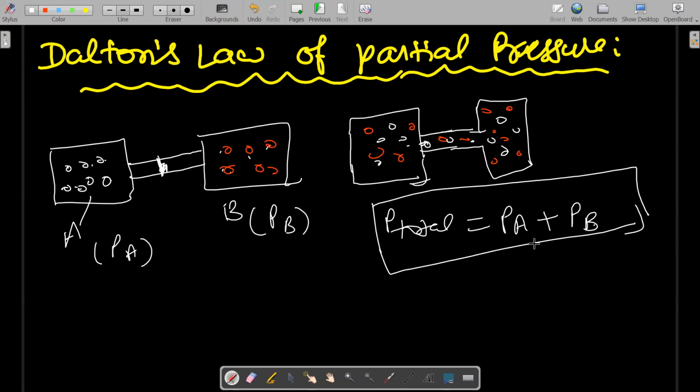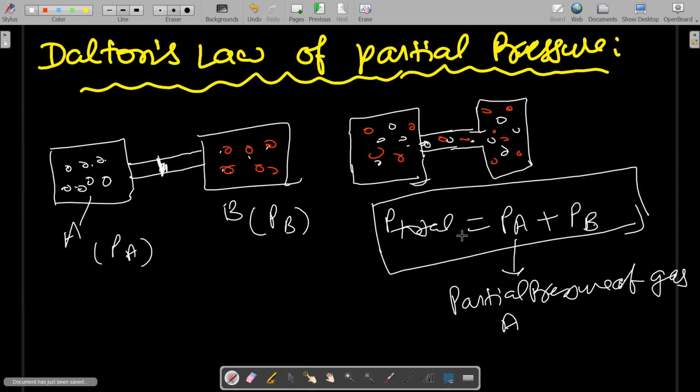So this is the total pressure, and PA is the partial pressure of gas A. Similarly, PB is the partial pressure of gas B. If we are taking three gases, then PA plus PB plus PC and so on.